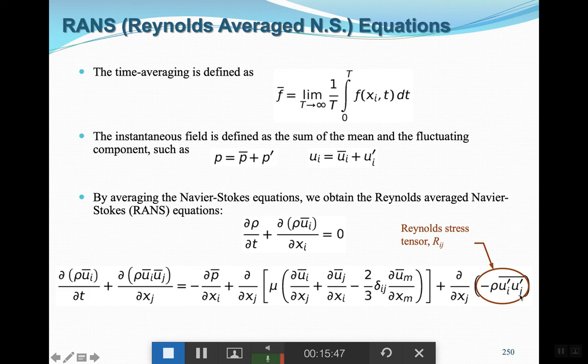If we didn't have this parameter, the job was done. We could have solved these two together as usual, meaning solving our continuity and Navier-Stokes equation without the presence of the fluctuations, and we were done.